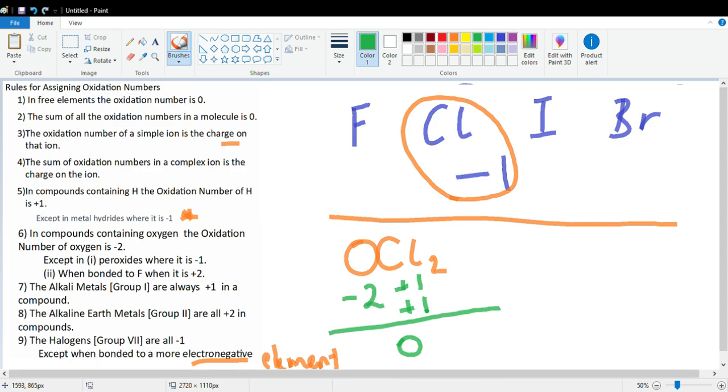Another example of that is if you had iodine and fluorine bonded together. Fluorine is more electronegative, so fluorine would be -1, and that would mean the iodine is going to have to be +1 in order to satisfy rule number 2.